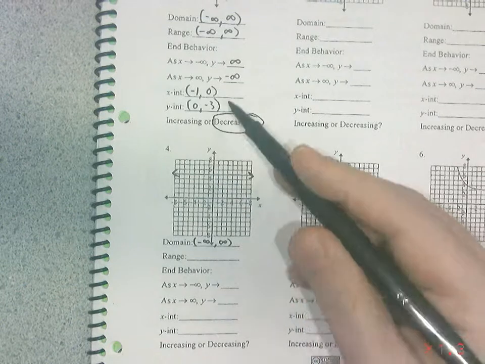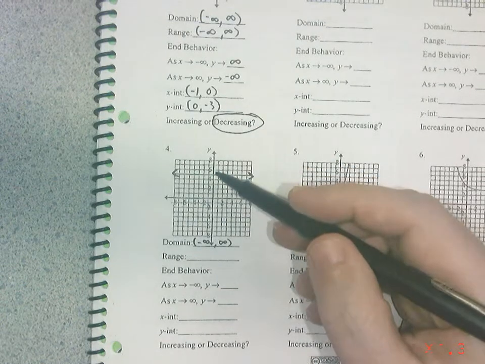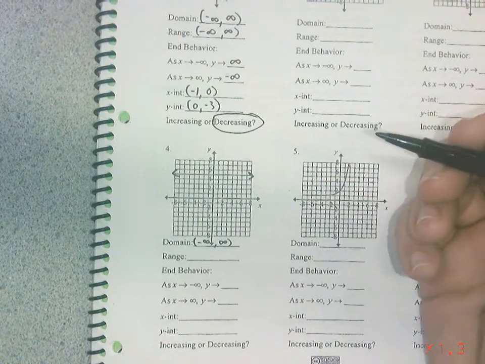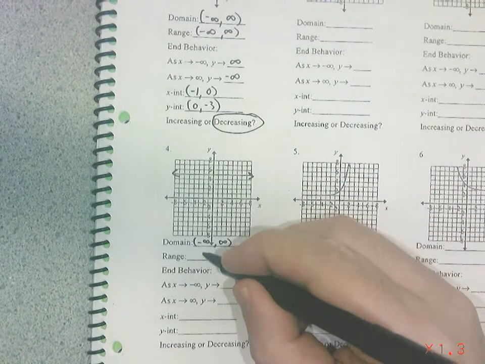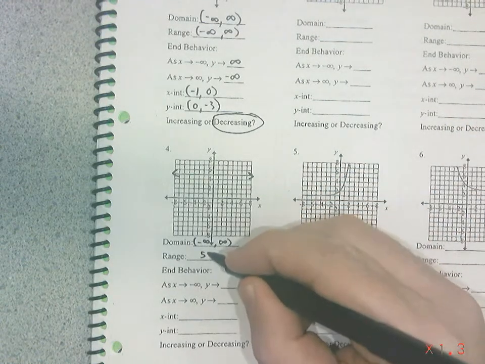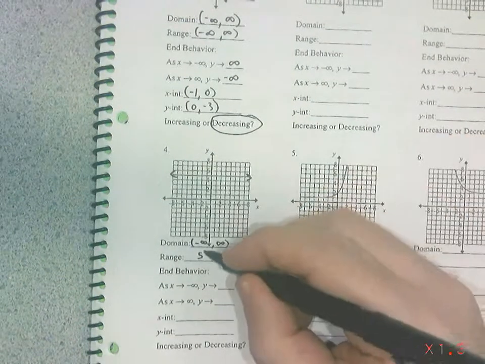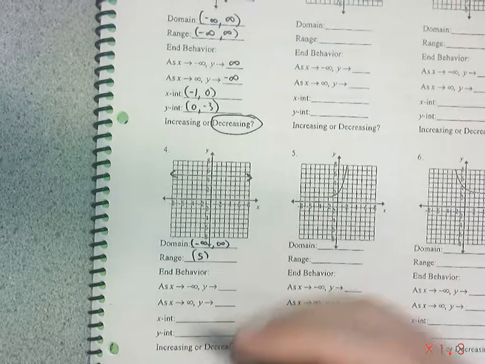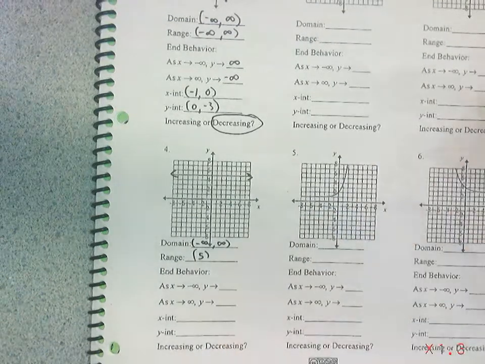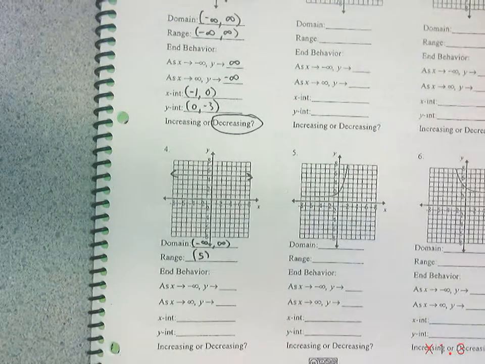So it doesn't go up or down, it just stays at 5. So this only has one value, and the range is only ever going to be 5. It's not 5 comma 5 because we don't need two 5s if it's the same number. It's just 5.